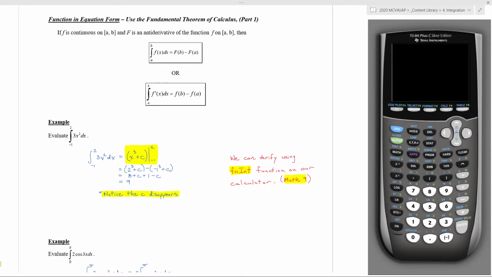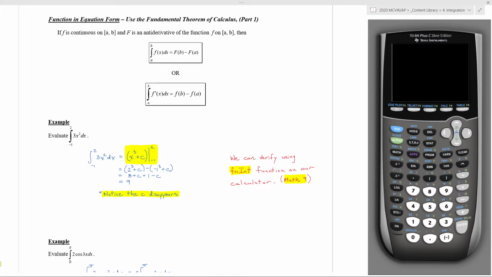The c is always going to disappear when you're evaluating definite integrals. Always. It will always disappear. So common practice is to not even write down the c when you're evaluating definite integrals, to save you a little bit of time.